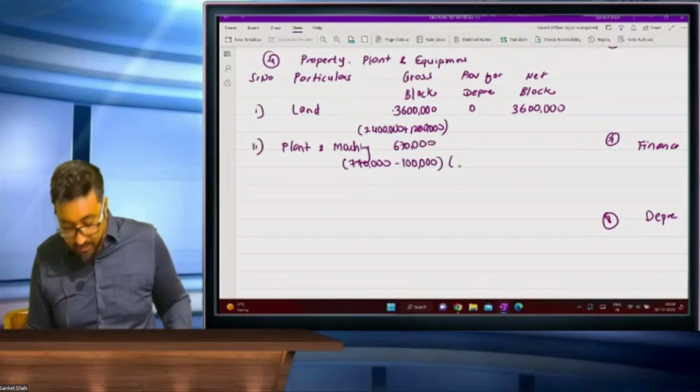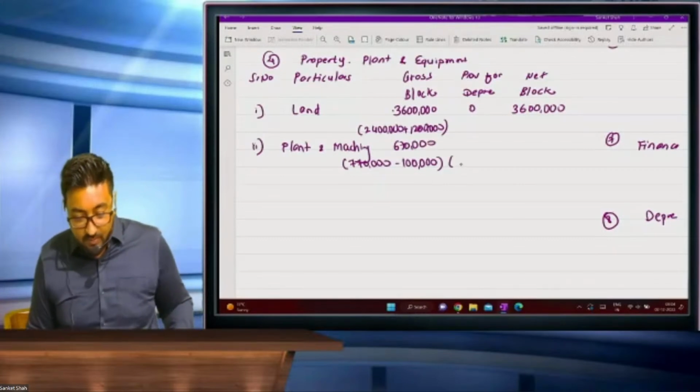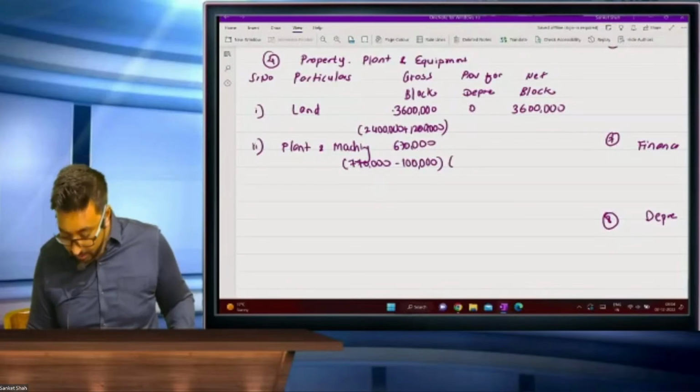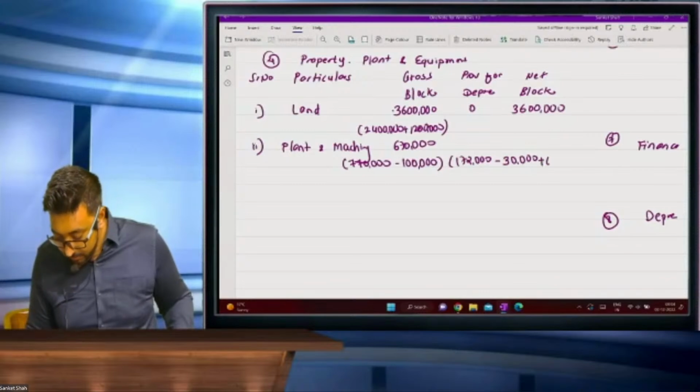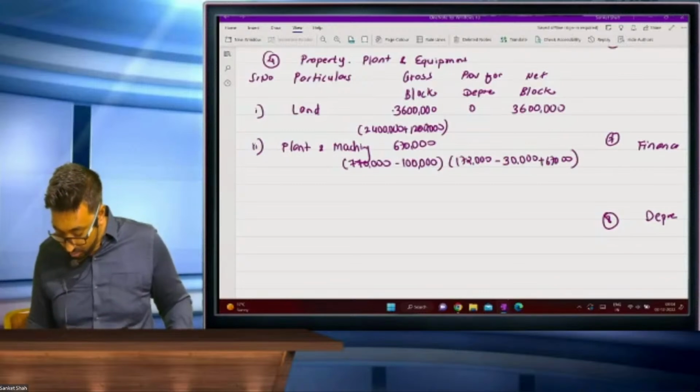Now we will finish that provision for depreciation. 172 minus 30,000 plus 67,000.